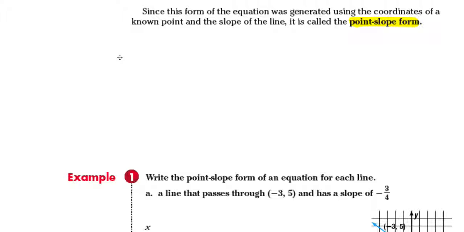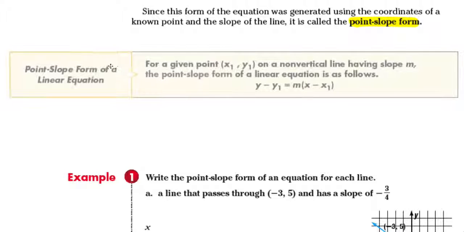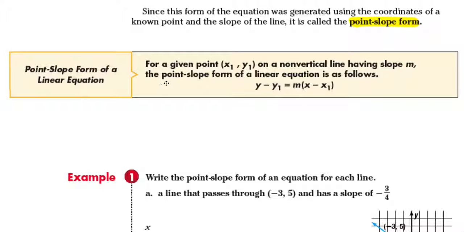The definition of a point slope form equation is that for any given point (x sub 1, y sub 1) on a non-vertical line, non-vertical because a vertical line has an undefined slope, and having a slope of m, the point slope form of a linear equation is y minus y sub 1 is equal to m times (x minus x sub 1).